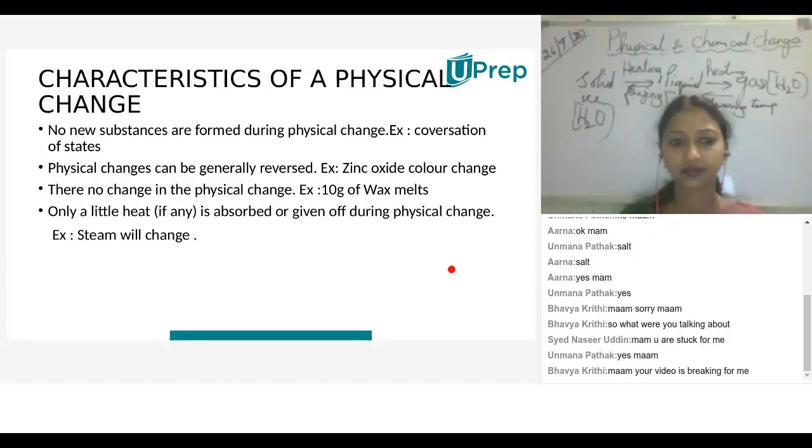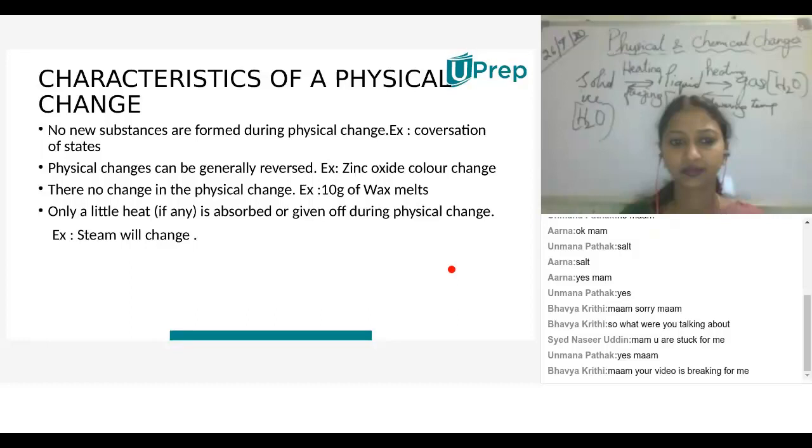Next. A physical change can generally be reversed. Just now you have observed the zinc oxide color change. You have taken the zinc oxide in the watch glass and given heat. It's an instant change, children. When you have given the heat energy, immediately the white powder converts into yellow. Then within a fraction of a second, if you remove the heat energy, in which color is it converting again? Yes.